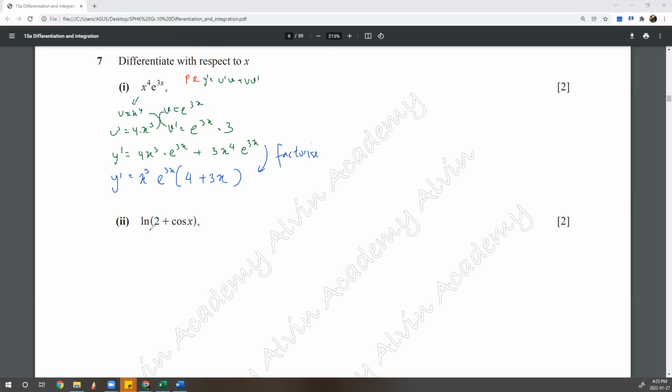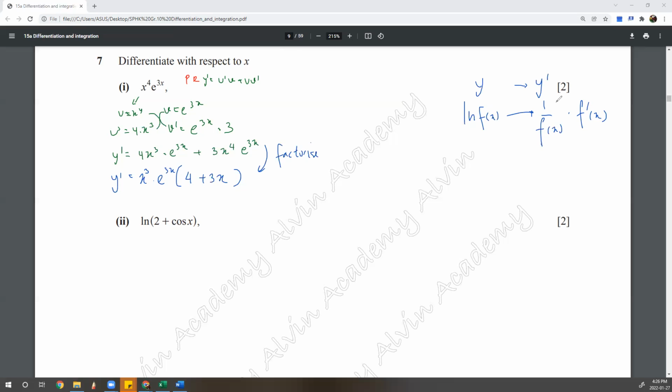Now, how about this? Ln. You memorize the formula. The derivative of ln of f(x) is 1 over f(x) times f'(x). That's the idea of the natural log.